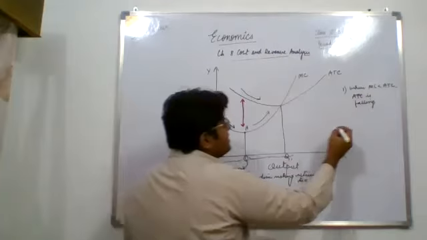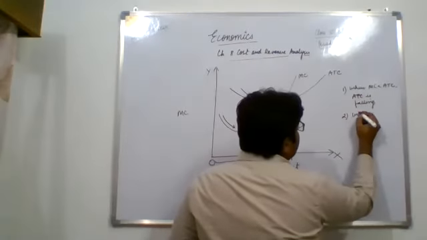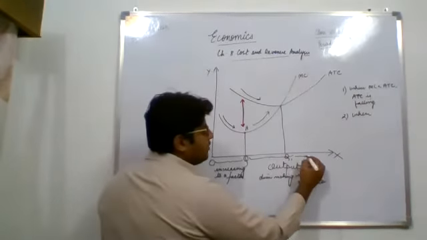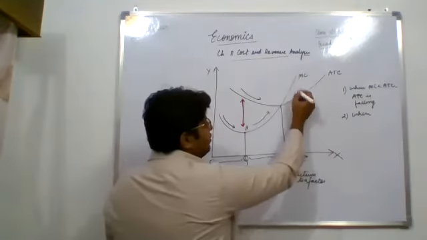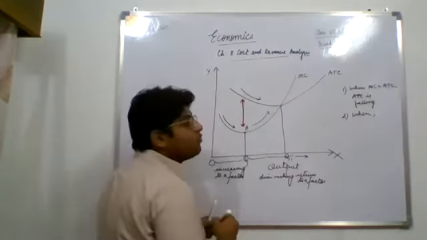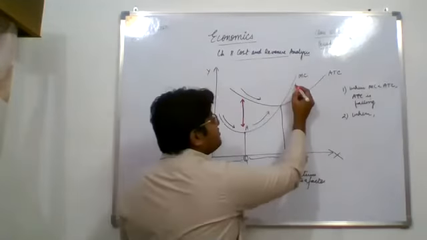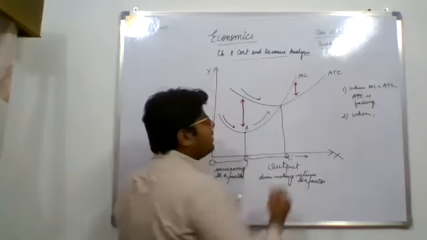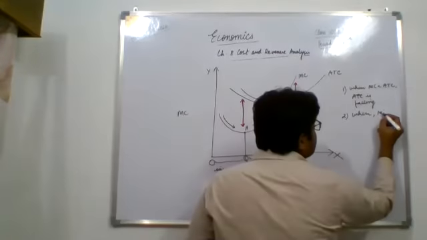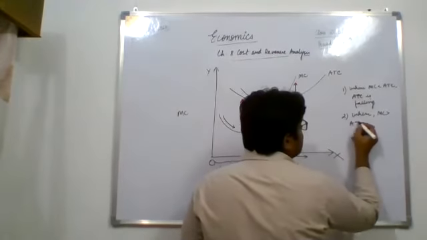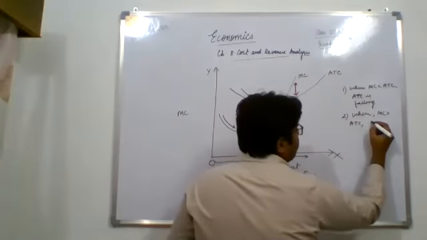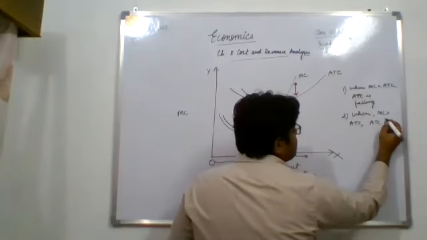Then the second relationship: beyond Q1, at any point beyond Q1, for example this point over here, my marginal cost is more than average total cost, because marginal cost is lying above the average total cost. So when marginal cost is greater than average total cost, then my average total cost is rising.